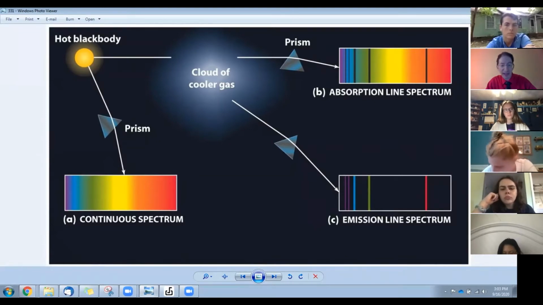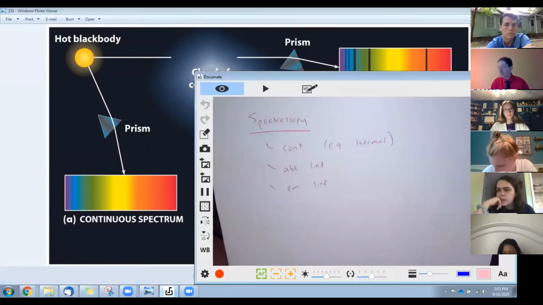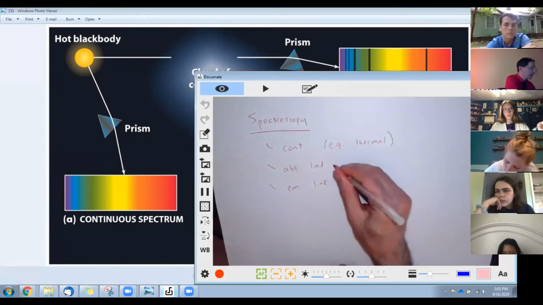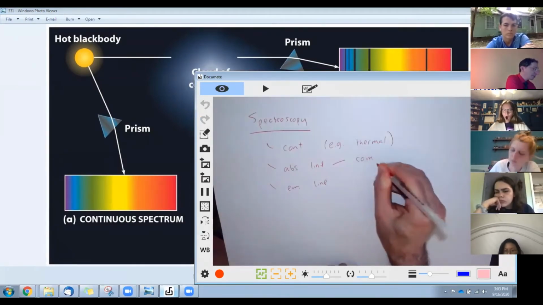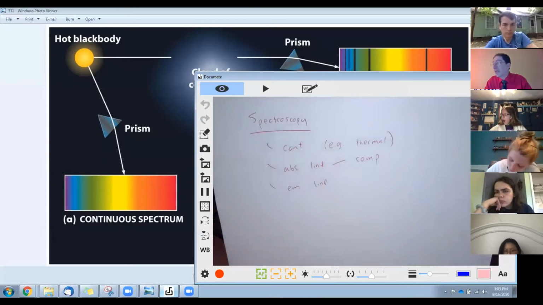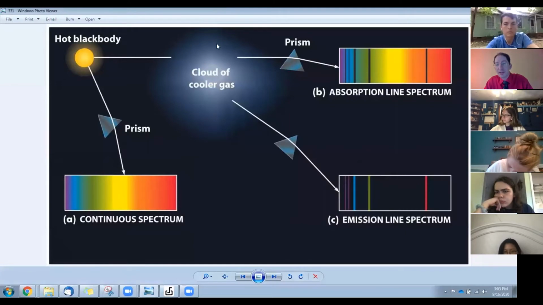So let's write some of this down as notes. So with the absorption line spectrum, what those lines correspond to are two things. The first is the composition of that cloud. The example that we see here is hydrogen. If this is a hydrogen cloud, this is the pattern of lines that you get, at least if the cloud is sufficiently hot.